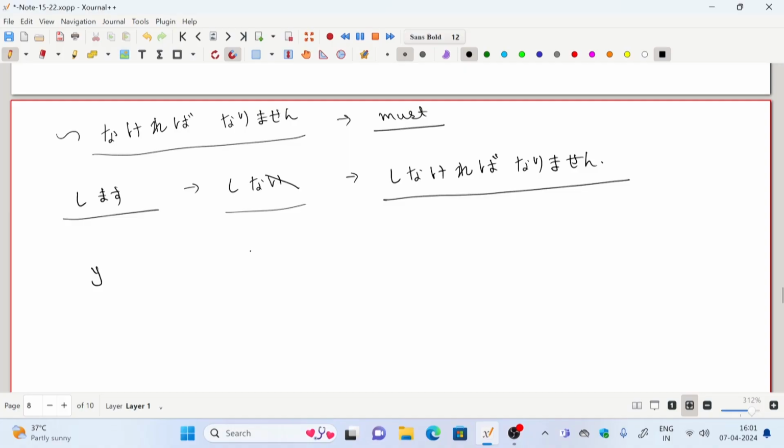So if I say you must play tennis every Sunday, or you must go to Japan to learn the Japanese language, you must practice kanji every day, the essence of must will come from this pattern. Nakereba narimasen. You must practice kanji every day.